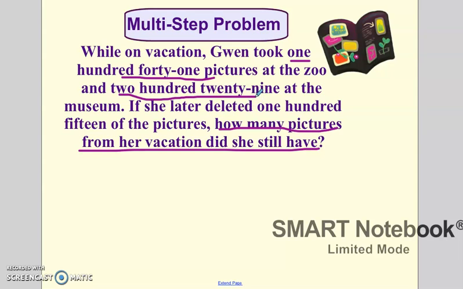Let's stop there. That is the first part of our problem. What do you think we're going to do with those two numbers, my friends? I will give you guys a minute to think about it. I'm going to write those numbers out while you are thinking.